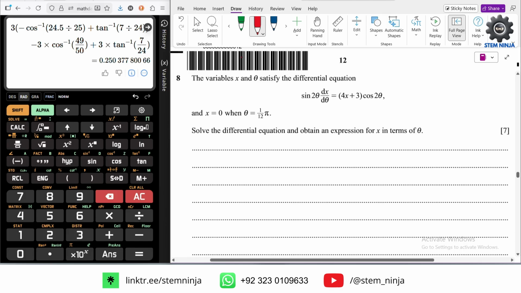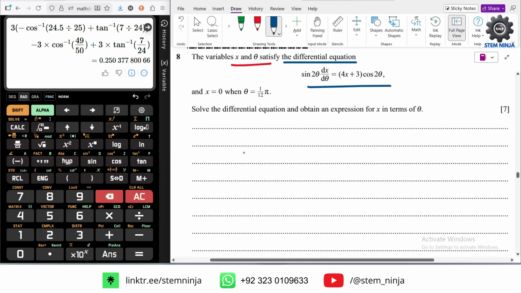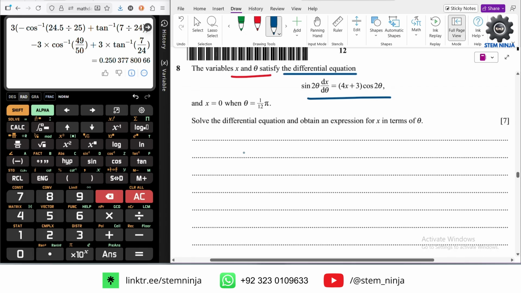Okay. So question number 8. The variables x and theta satisfy the differential equation. This, okay. When x is equal to 0, theta is equal to pi by 12. Solve the differential equation and obtain an expression for x in terms of theta. Okay. So first we need to separate the variables, right?